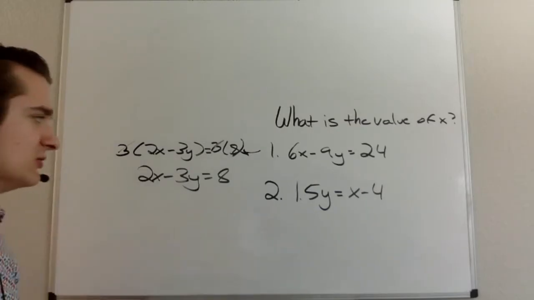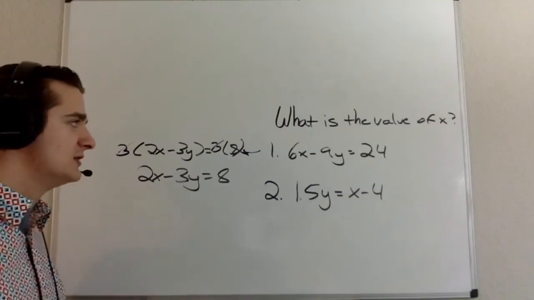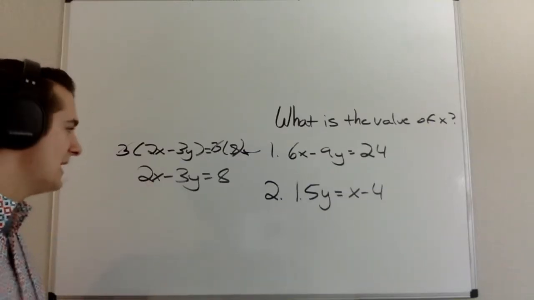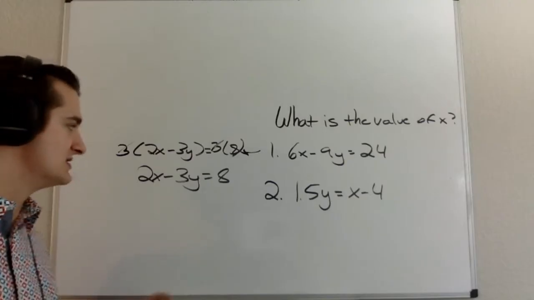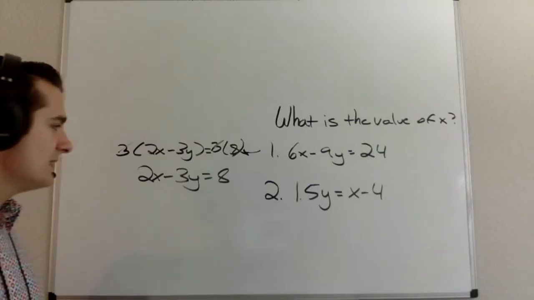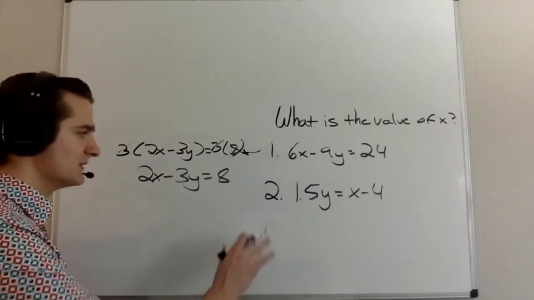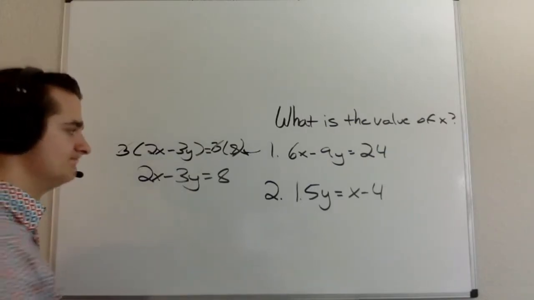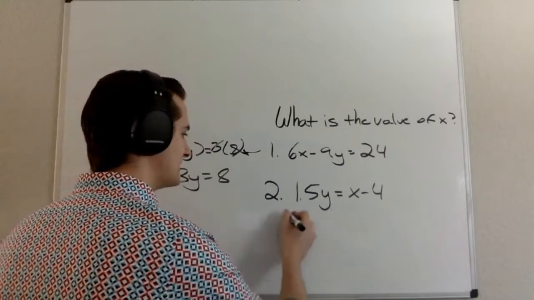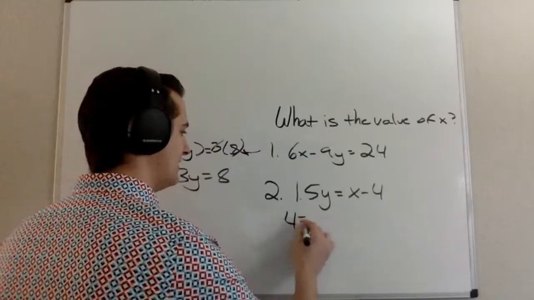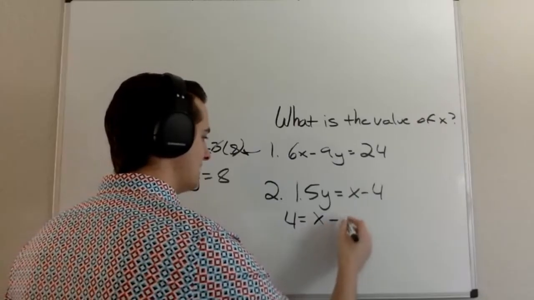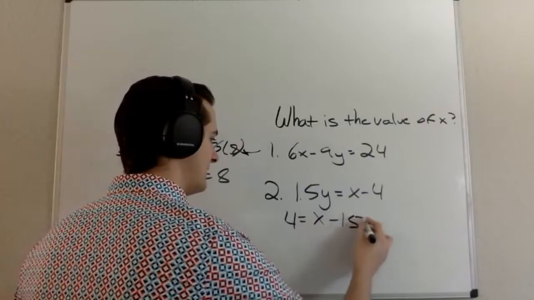With statement 2, now when I have two equations with two variables like this, I don't necessarily need to solve all the way, but I do want to get these equations in the same format. Okay, and so on this particular equation, I'm going to add 4 to both sides, and I'm going to subtract 1.5y from both sides. And what I'm going to get is that 4 is equal to x minus 1.5y.